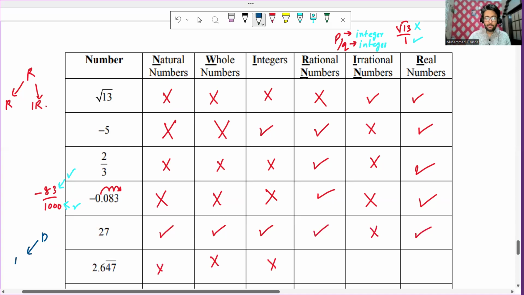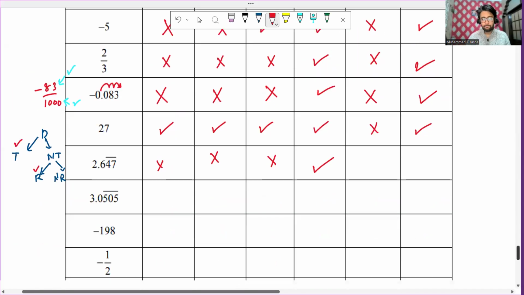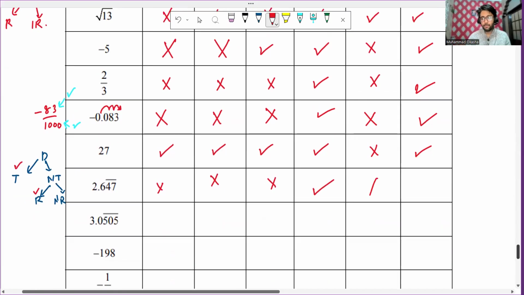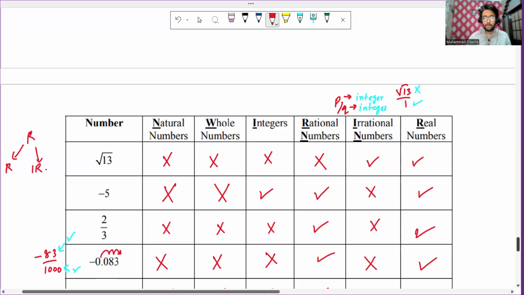Okay, it's non-terminating, but it's also recurring, because we have 47 that keeps on recurring, right? So as long as you have a terminating decimal or a recurring and non-terminating decimal, it is going to be rational. So I'll check mark this.